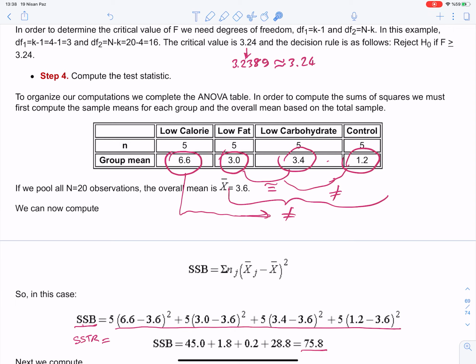We are definitely sure that there is a statistically significant difference. The low calorie diet program is more successful than the other diets because the weight loss is higher. We are definitely sure that the low calorie diet is different from the low fat, low carbohydrate, and the control group.